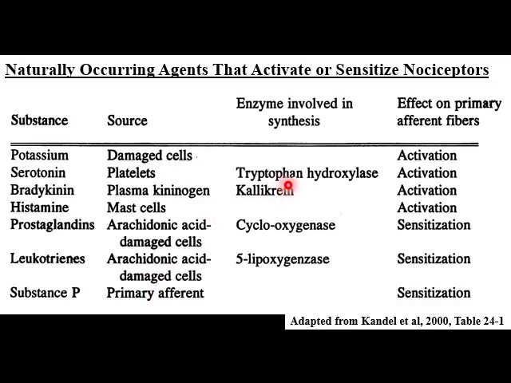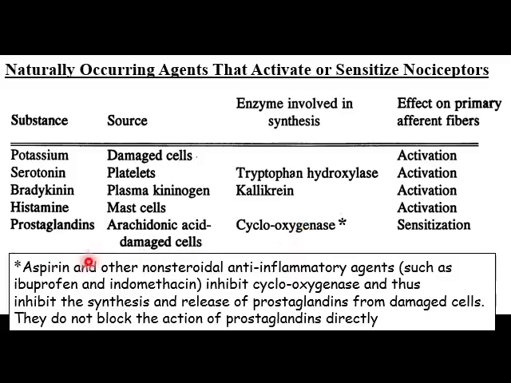And for some of them, there is an enzyme involved in their synthesis. Of particular interest is that the prostaglandins are dependent on cyclooxygenase for their generation. And aspirin and other non-steroidal anti-inflammatory agents, such as ibuprofen and indomethacin, inhibit this enzyme, and thus they inhibit the synthesis and release of prostaglandins from damaged cells, and that reduces pain.